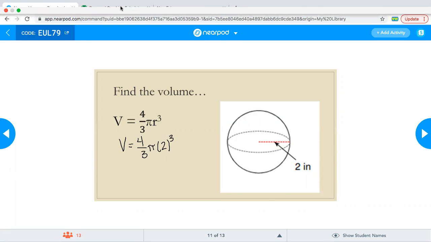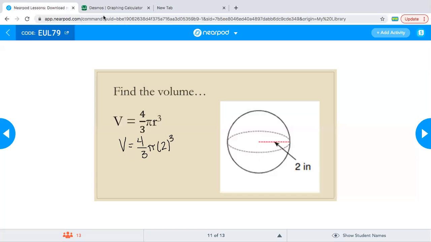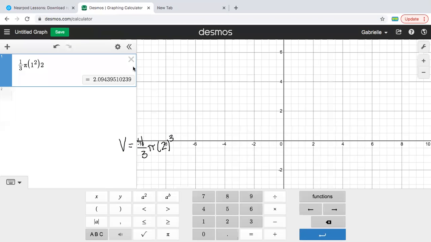So everyone go to Desmos. I'm going to talk you through it. First we want to do the 4/3 part. I like to put things in parentheses. That's just my preference, but you technically don't need to put the 4/3 in parentheses. So parentheses 4 divided by 3.